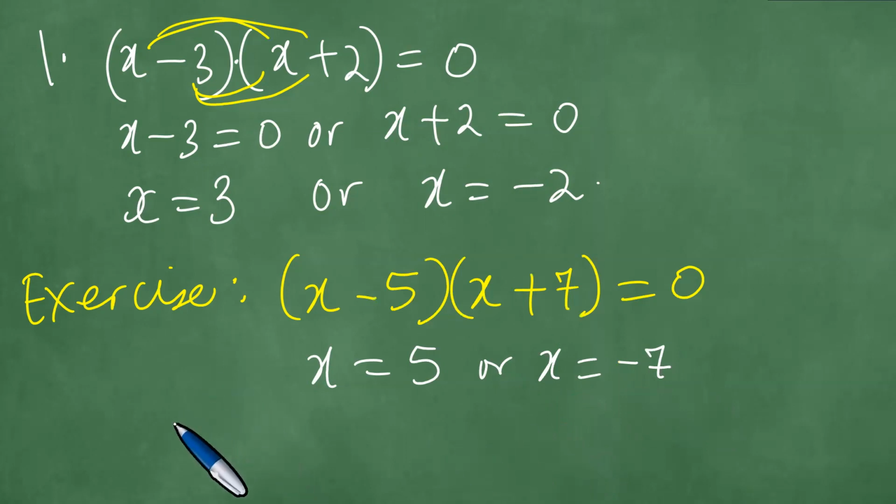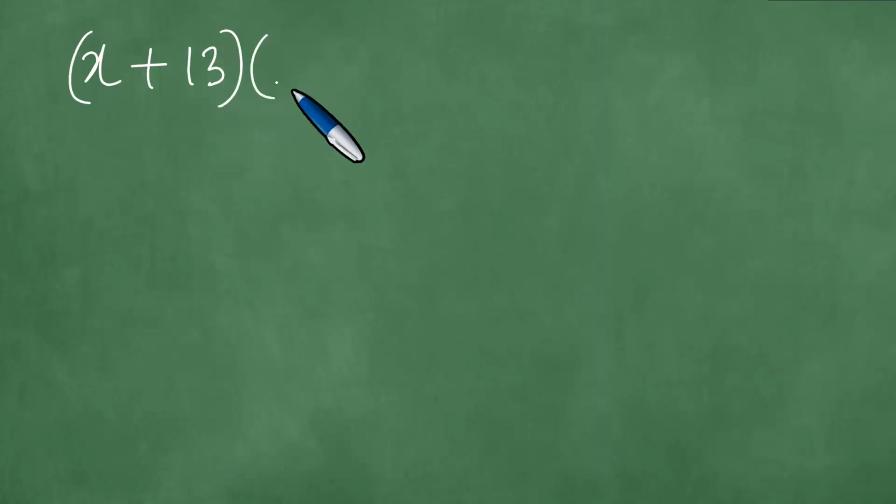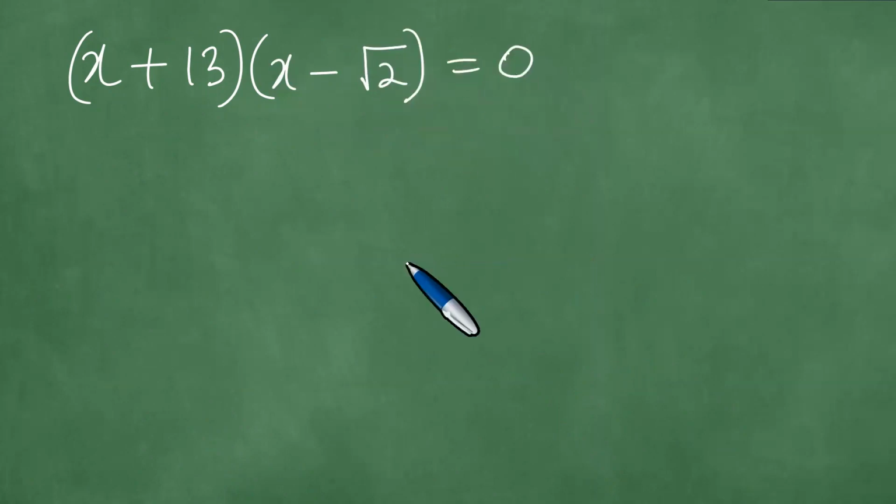Let me just give you one more little exercise. x plus 13, and then x minus the square root of 2 equals 0, and they ask you to solve for x. What would you say the answer is to this, Pekhalelo?